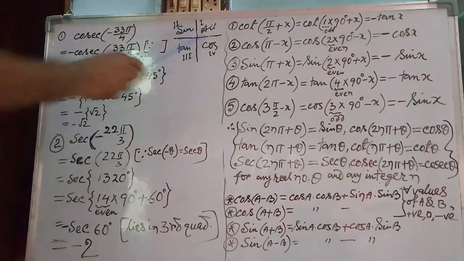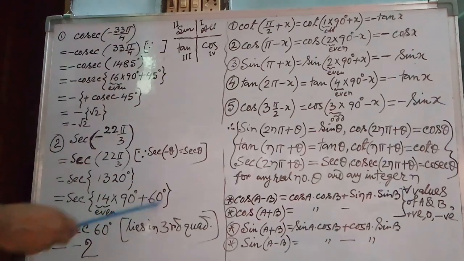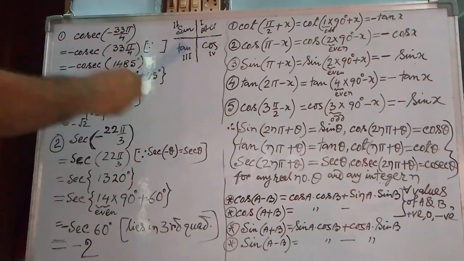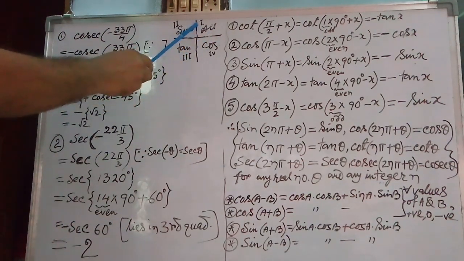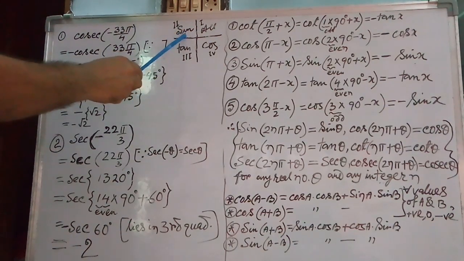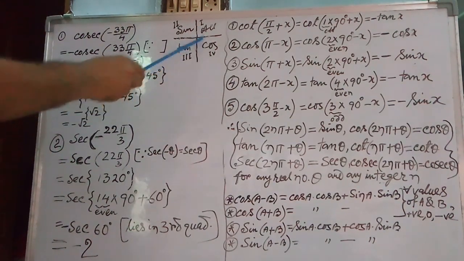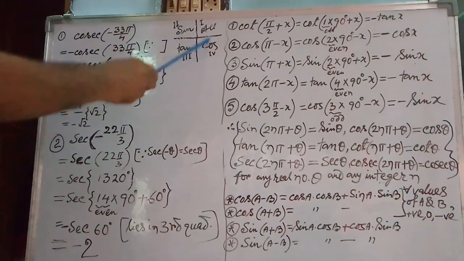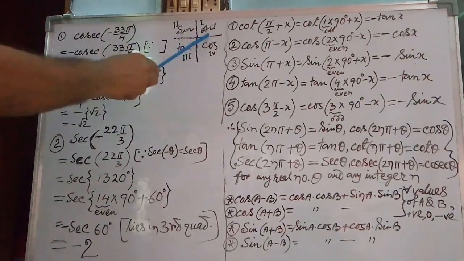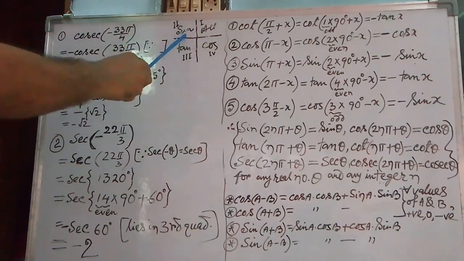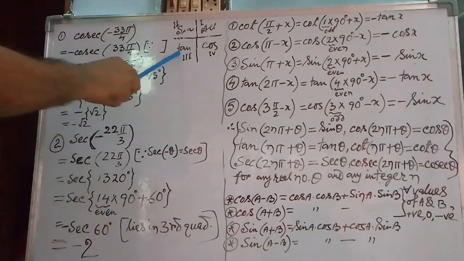Means you have to go to the quadrants. Now 14 into 90 plus 60 lies in which quadrant? You have to see 14 into 90: 190, 290, 490, 890, 1290, 1390, 1490 plus 60 degree.